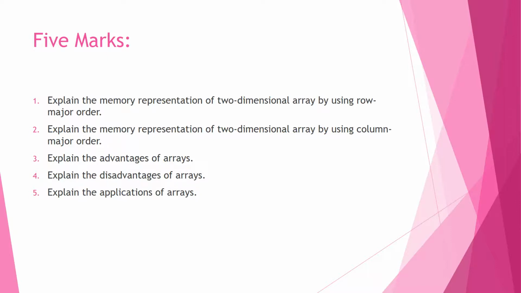Second: explain the memory representation of two-dimensional arrays by using column major order. Third: explain the advantages of an array. Fourth: explain the disadvantages of an array. Fifth: explain the applications of arrays.